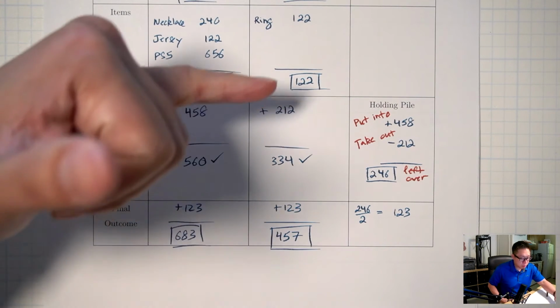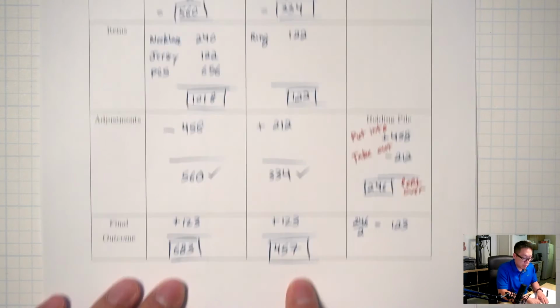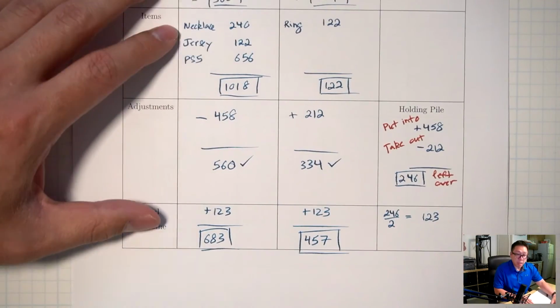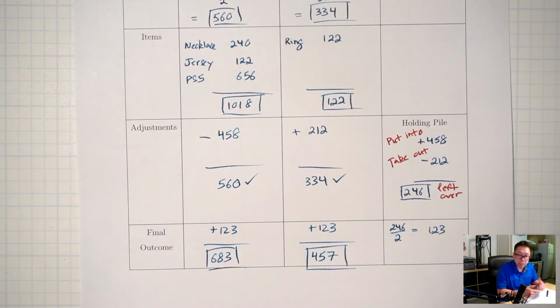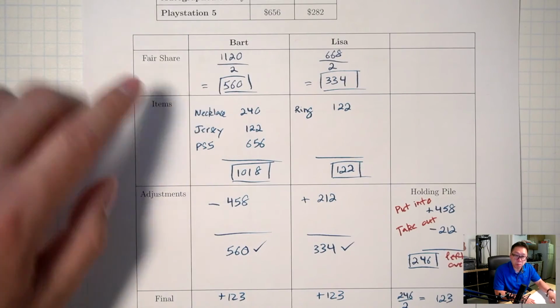So items plus the cash. In Lisa's eyes, she got $457 worth of things. So she's really happy. Bart, his items plus the cash that he got, in his eyes, he got $683 worth of items. So he's really happy also.